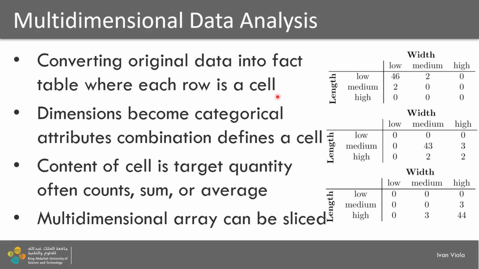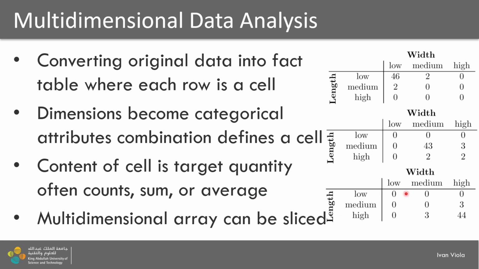In fact, if we have just a count in each of the cells, then it is a multidimensional histogram representation. The dimensions become categorical attributes, and the combination of these dimensions defines a cell. The content of the cell is the target quantity, which often is counted, summarized, or averaged.